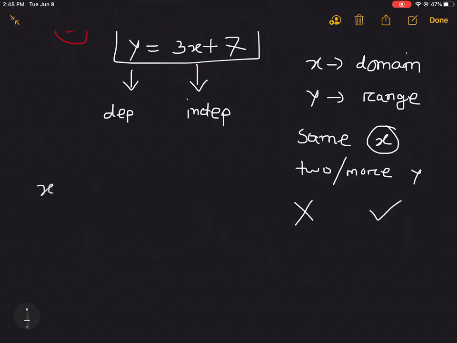So if I plug in X equals 1, I get Y equals 10. If I plug in X equals -3, I get Y equals -2. Okay.